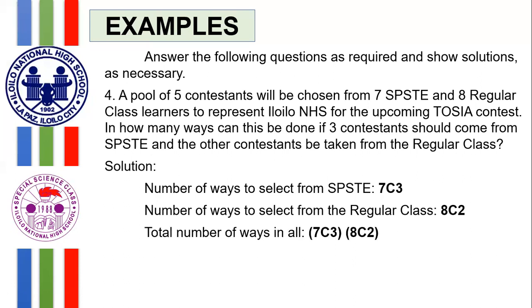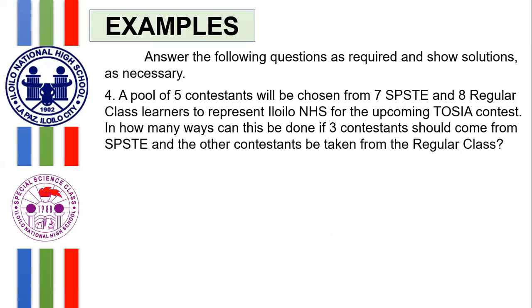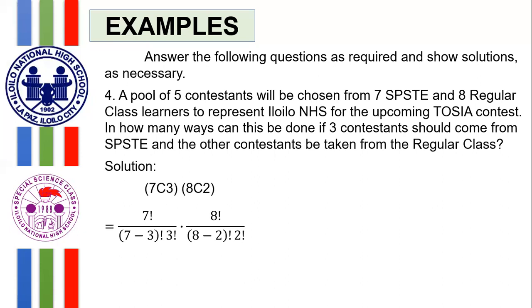Hence, we have to multiply 7C3 and 8C2. We could simplify 7C3, then simplify 8C2, then multiply the results, or we could simplify them simultaneously.